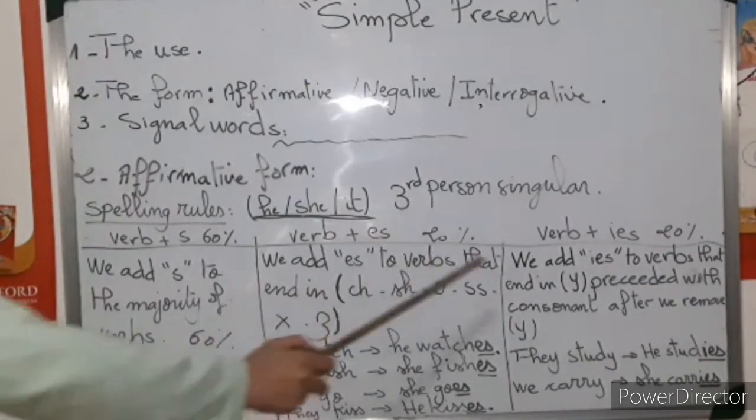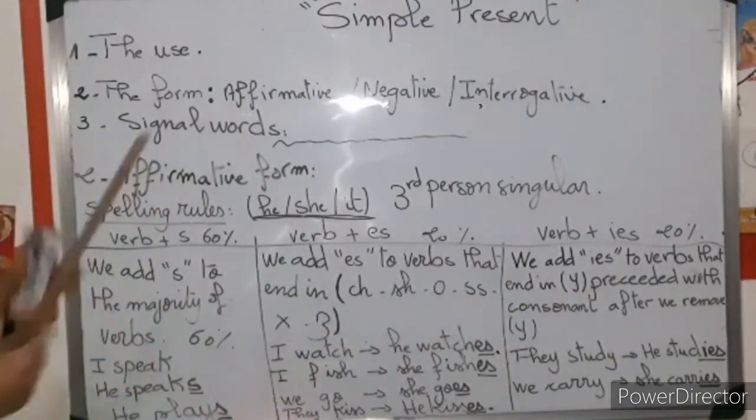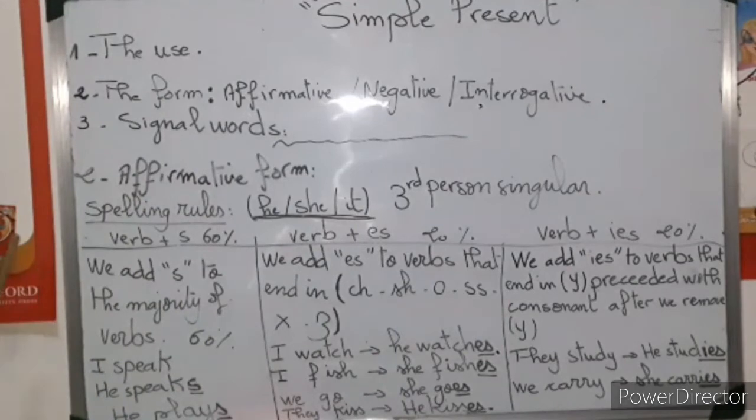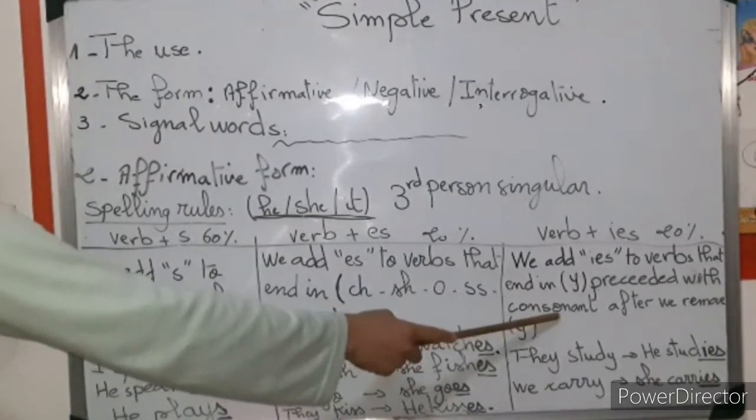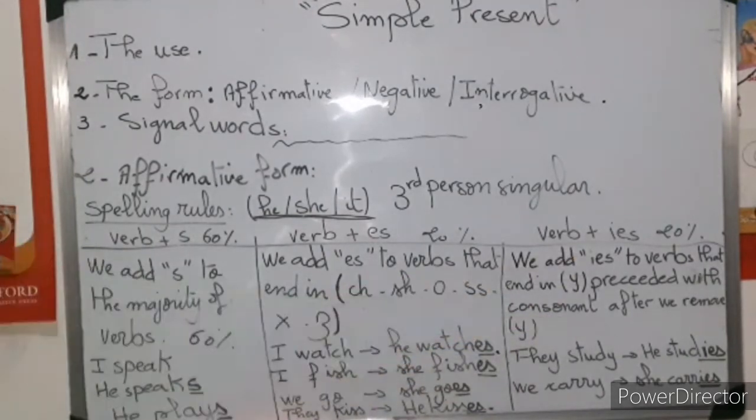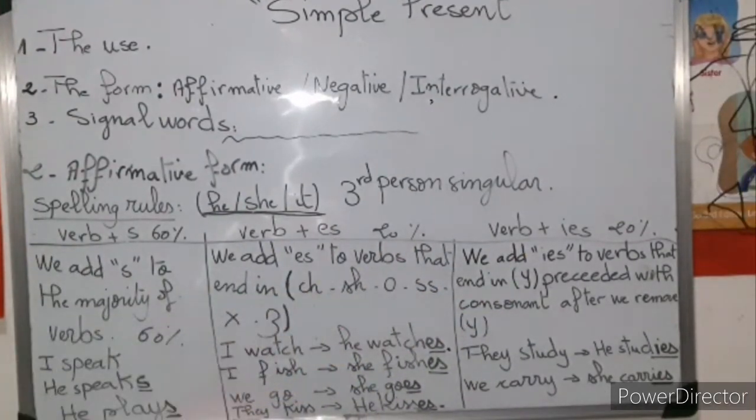But please, the y must be preceded by a consonant, after you remove the y. I repeat, we add ies to verbs that end in y, preceded by a consonant. Okay, the y should be preceded by a consonant.